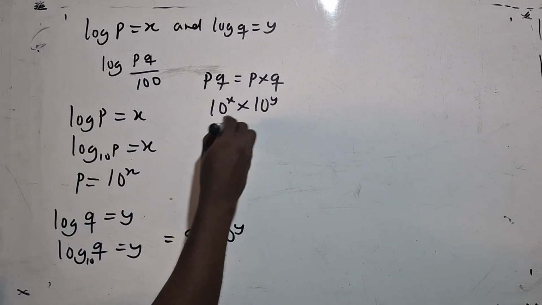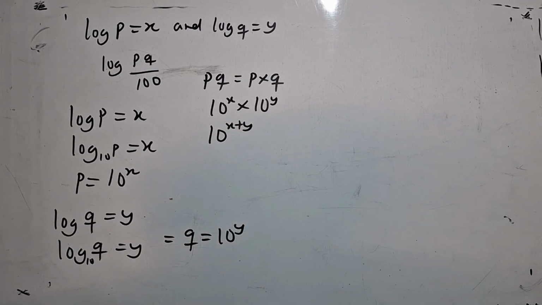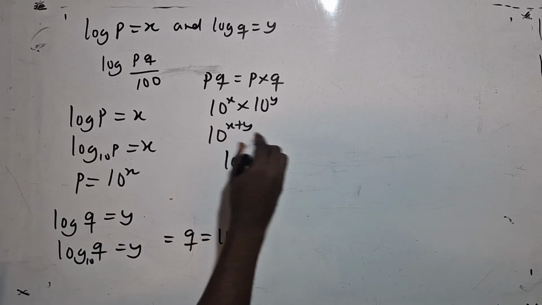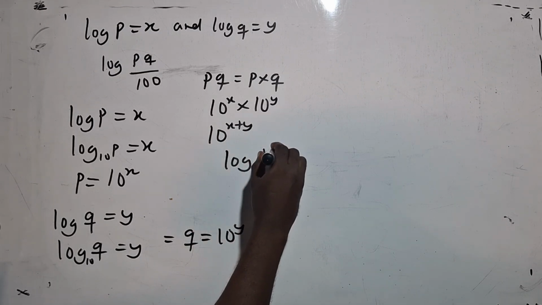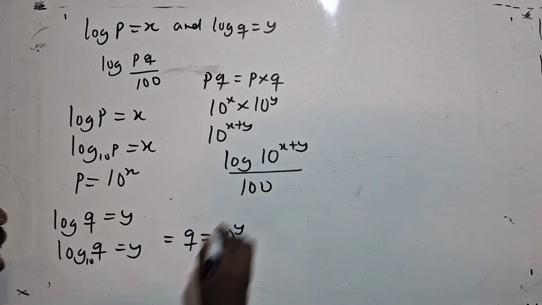Now I'm going to have 10 to the power x plus y. So now I've expressed the top one. So now I'm going to write this all over the 100 they've given me. So now I've gotten log of 10 to the power x plus y all over 100.